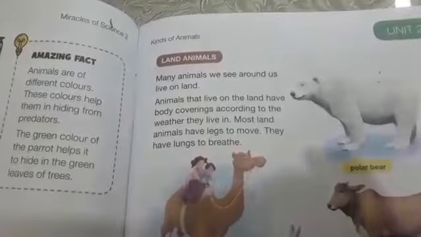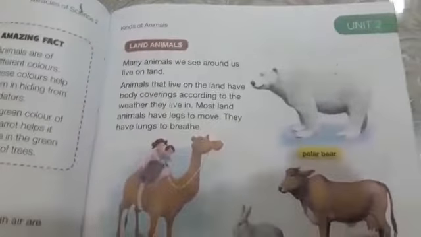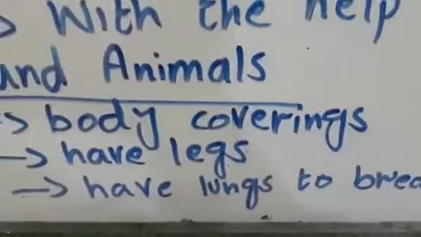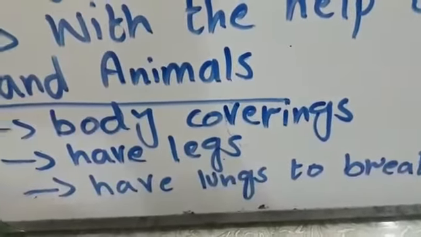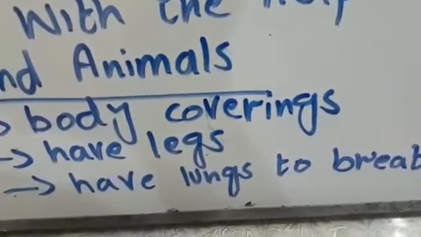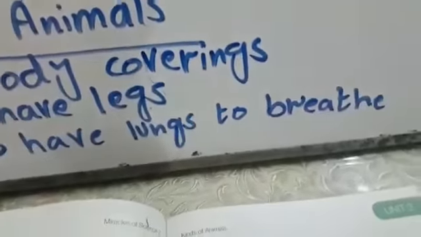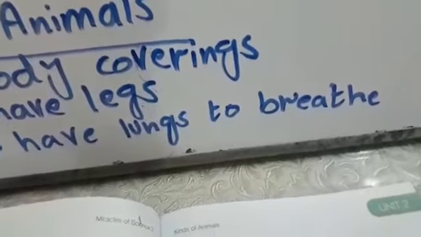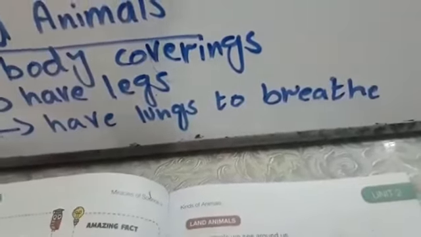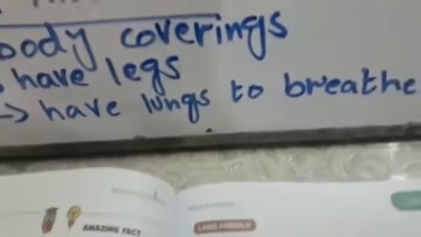What are their qualities? Many animals we see around us live on land. Clear? These animals live on the land and have body coverings according to the weather they live in. They have body coverings, meaning their body structure is such that they live easily in that atmosphere, surrounding or type of weather where they are living. Clear? They have legs.